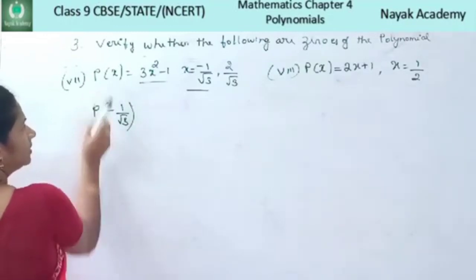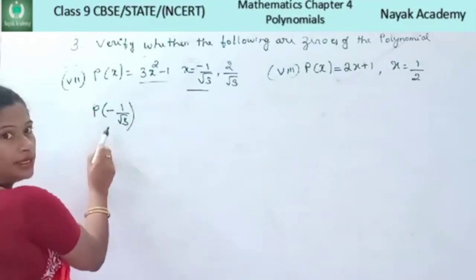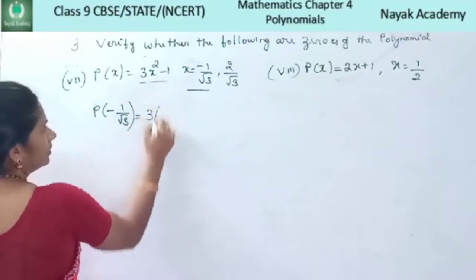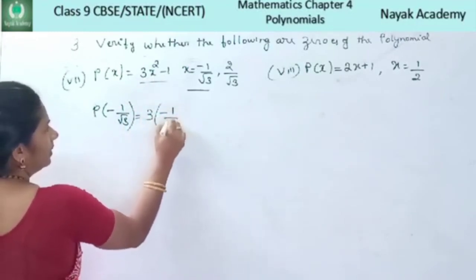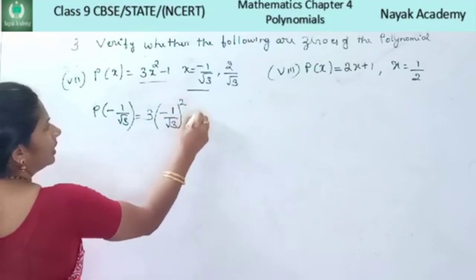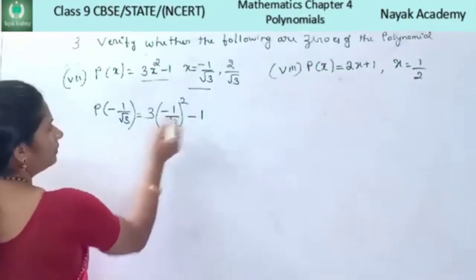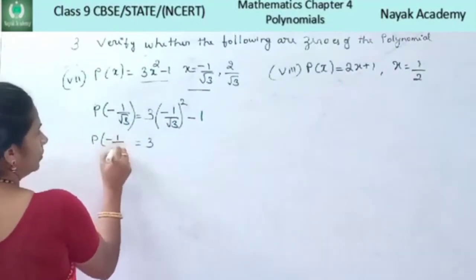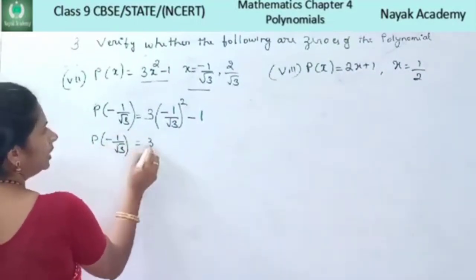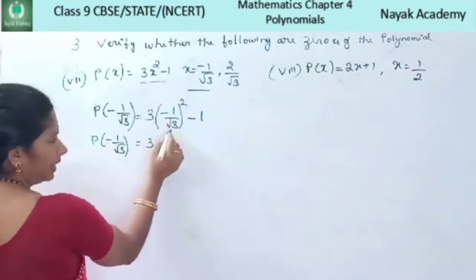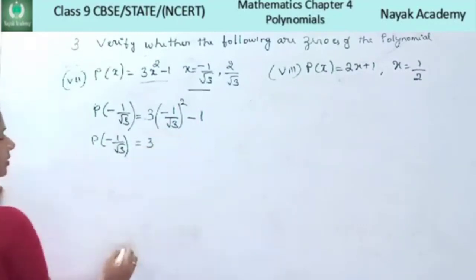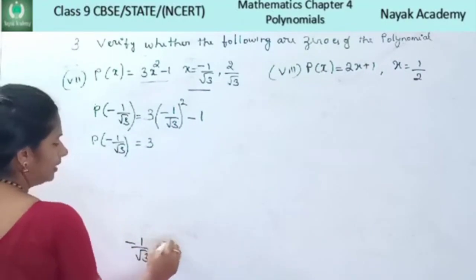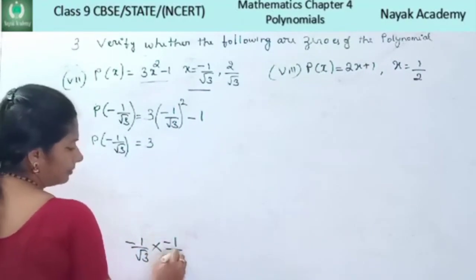In place of x, you substitute the value as minus 1 by root 3. So equal to 3, write as it is. Substitute the value as minus 1 by root 3 whole square minus 1. Let us simplify, children. 3 into p of minus 1 by root 3 equal to 3 into minus 1 by root 3 whole square. Let me write here, minus 1 by root 3, you have to multiply 2 times minus 1 by root 3.